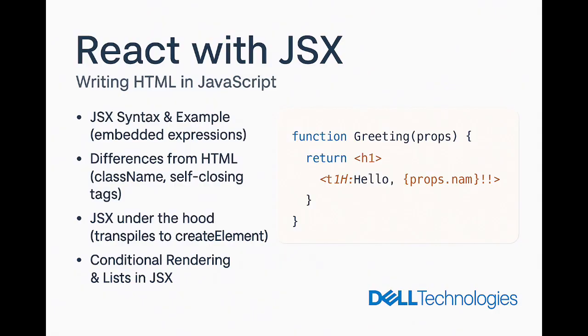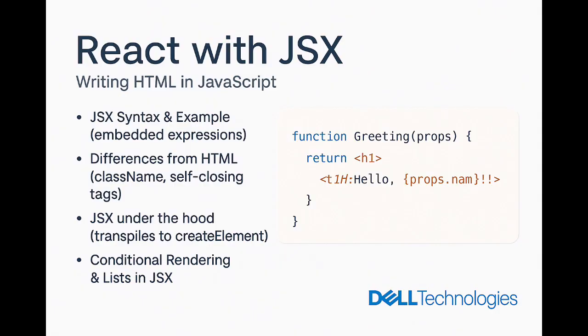JSX attributes versus HTML attributes. There are slight naming differences. For instance, class in HTML becomes className in JSX, because class is a reserved word in JavaScript. Similarly, for on a <label> becomes for in HTML, htmlFor in JSX, for the same reason. Most other attributes are the same, e.g., style, id, etc. But when in doubt, check the React documentation.